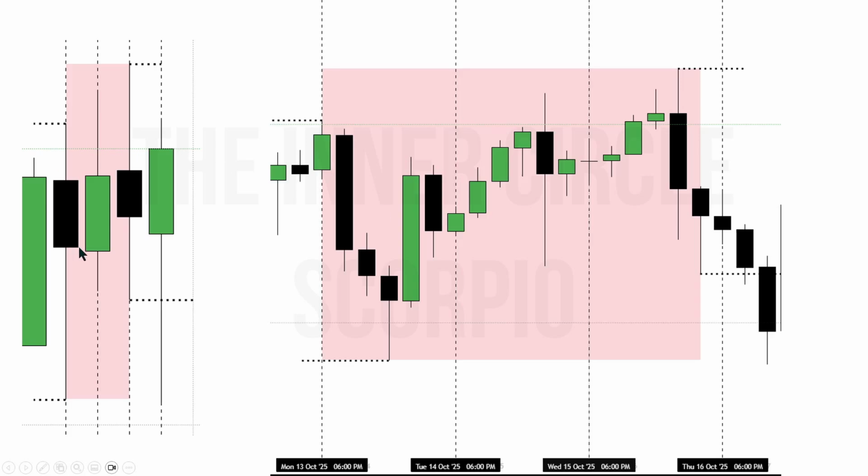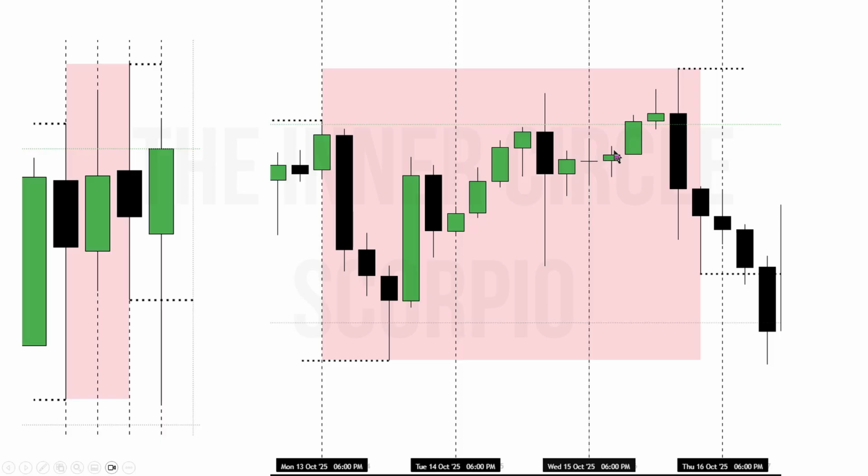The next day starts from the same place and goes up and down and then comes back up and closes. So here we open, we go up, we go down, and then we come back and close. So it's a bullish candle because we closed above the previous opening price.